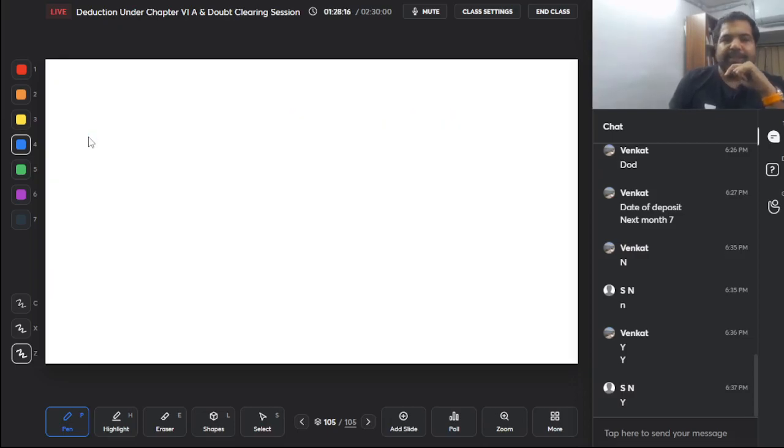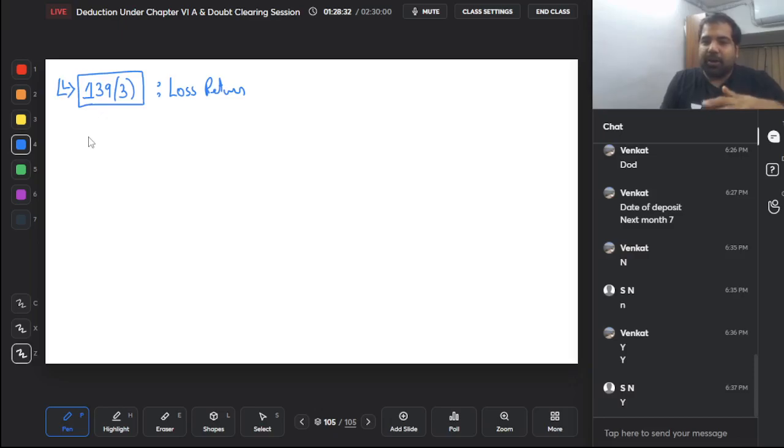Guys, looking at the next section, there is no section like 139.2. So there is a section called 139.3. This, they say, is a loss return. Don't get me wrong, this is not a return which has got lost. This is a loss return. Basically it means you've incurred some loss in one of the heads of income and you're filing a return, and that's called a loss return.